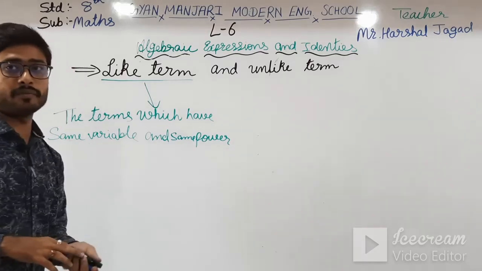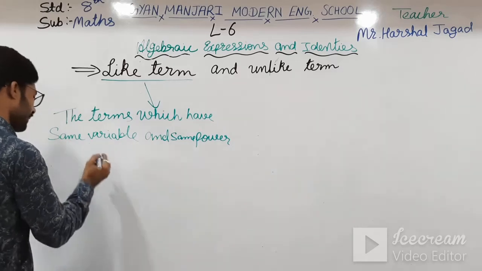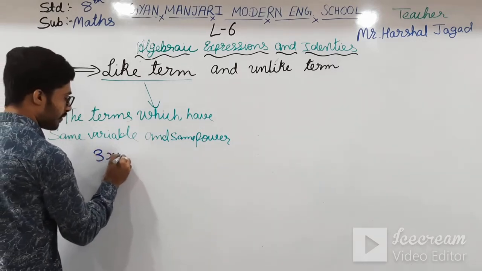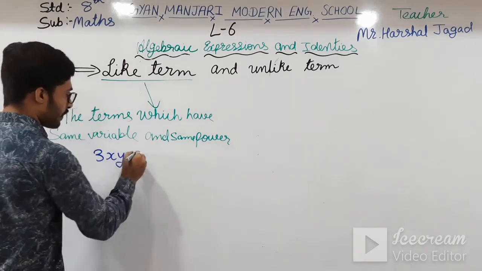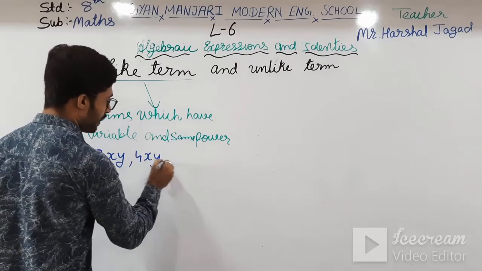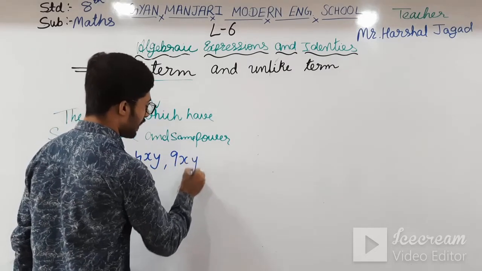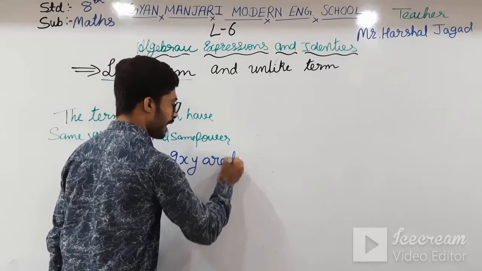Here are some examples of like terms: 3xy, 4xy, 9xy are like terms.